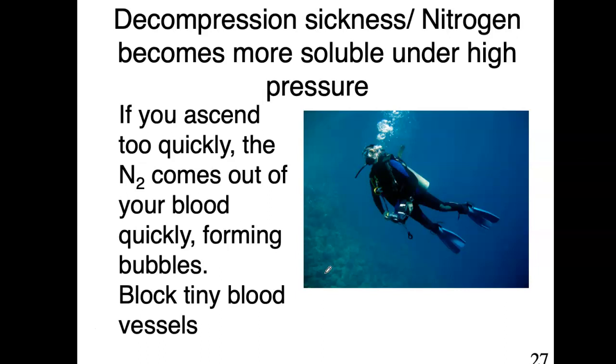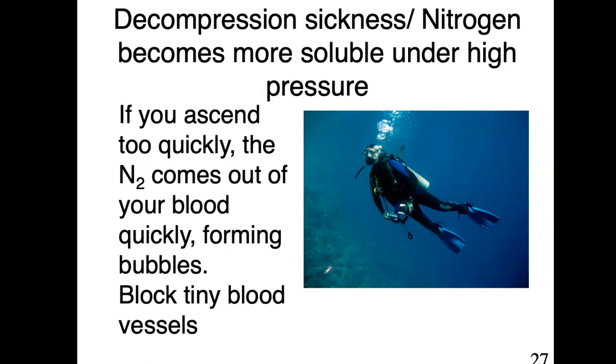So now you have more nitrogen dissolved in the blood just because you increased that pressure. That's not a problem in itself, unless when you go to ascend, you do that too quickly. If you do that too quickly, then that nitrogen is under lower pressure and is going to quickly exit solution. And if it exits solution too quickly, it can form bubbles. Now you have bubbles forming in the blood, and they could block these tiny blood vessels.